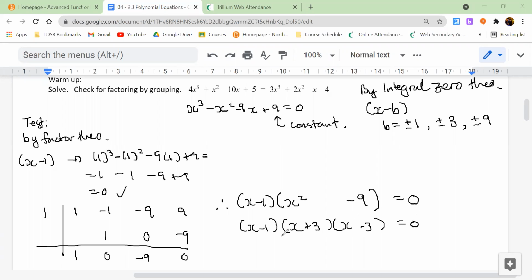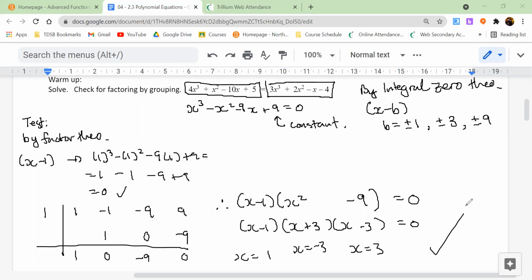What does that mean? That means to make this equation true, x must be either 1, -3, or 3. And if 1, -3, or 3 makes this equation 0, then 1, -3, and 3 also make the left side equal to the right side. We have solved the question.